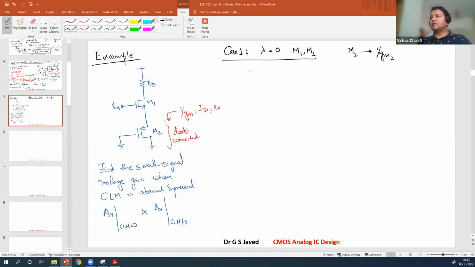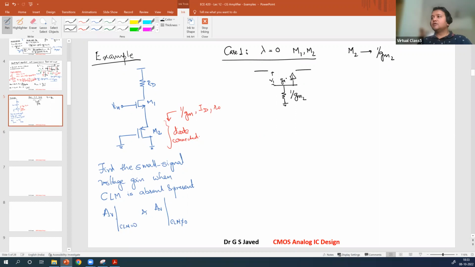Now let us quickly draw the small signal equivalent. How does that look? Gate, drain, source. At the source we have 1 over GM2 impedance. This is V1. GM V1.